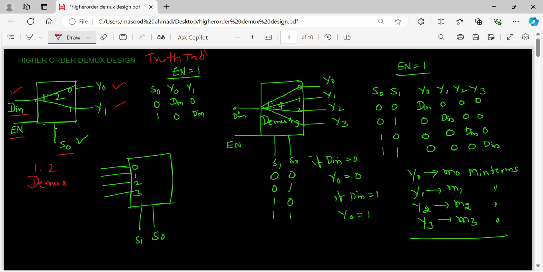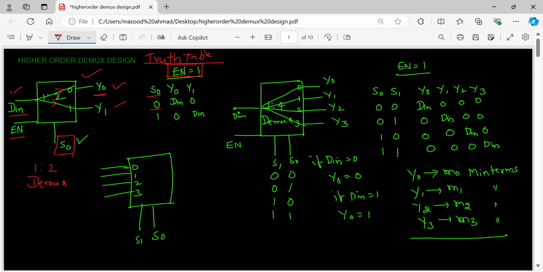If you look at the table, when enable is equal to 1, then your demux is working. With S0 as input, D in may be passed either to Y0 or to Y1 based on the input S0. So when S0 is 0, your output is Y0.